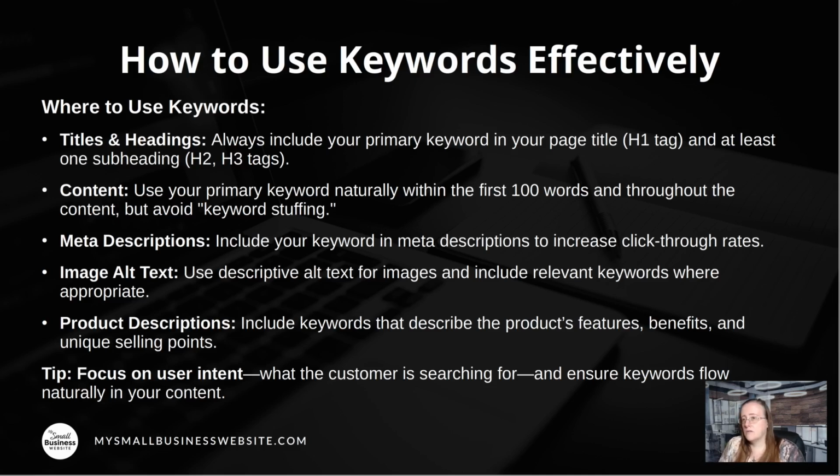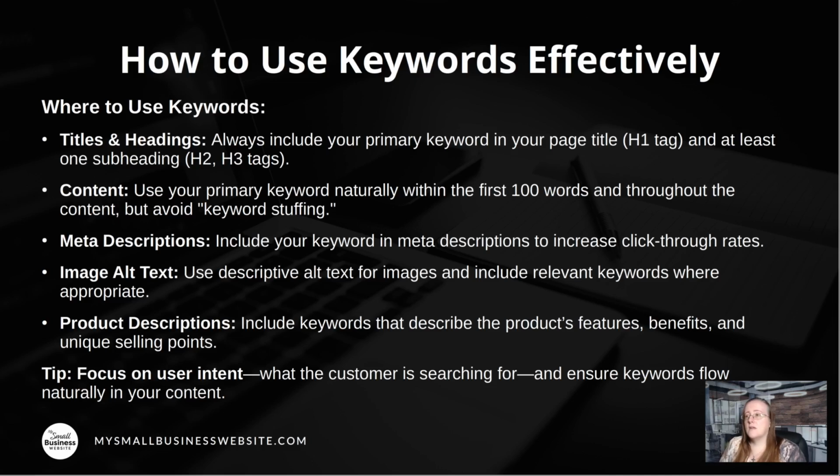You don't want to stuff the keywords everywhere, because they will punish you for that, but you can try to naturally include it into the content, and I'll talk a bit more about how exactly that works later. But it's very important that you keep the keywords natural in the content, so that it provides value and makes sense, so people are going to want to read it.